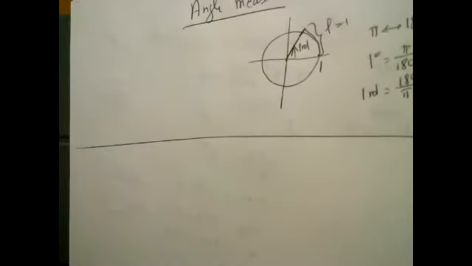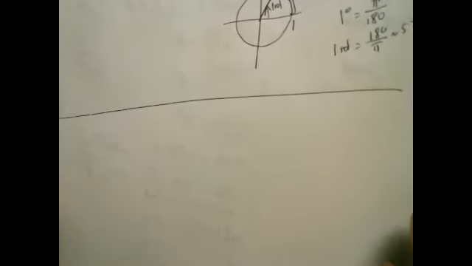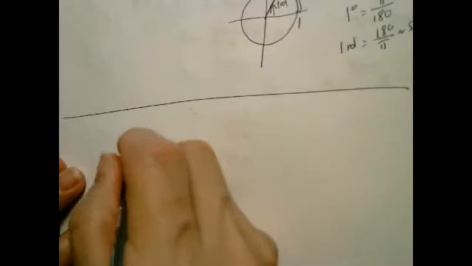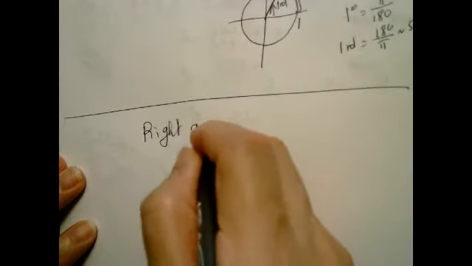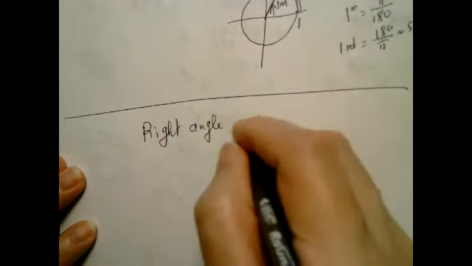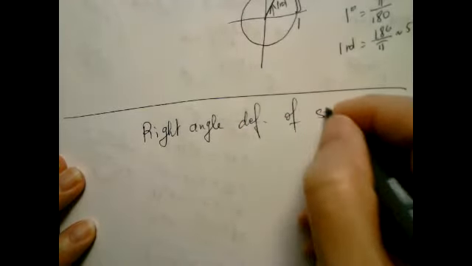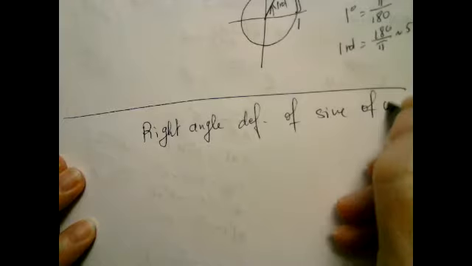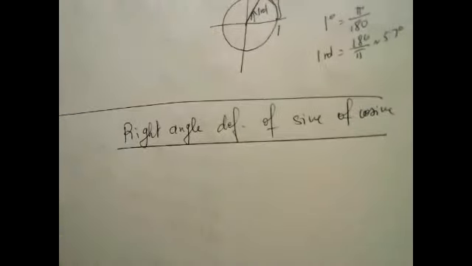Now, sine and cosine. We'll start with the first definition of sine and cosine, called the right angle definition, which is not the one that you will be using. Let us recall the right angle definition, the one that you first learn.